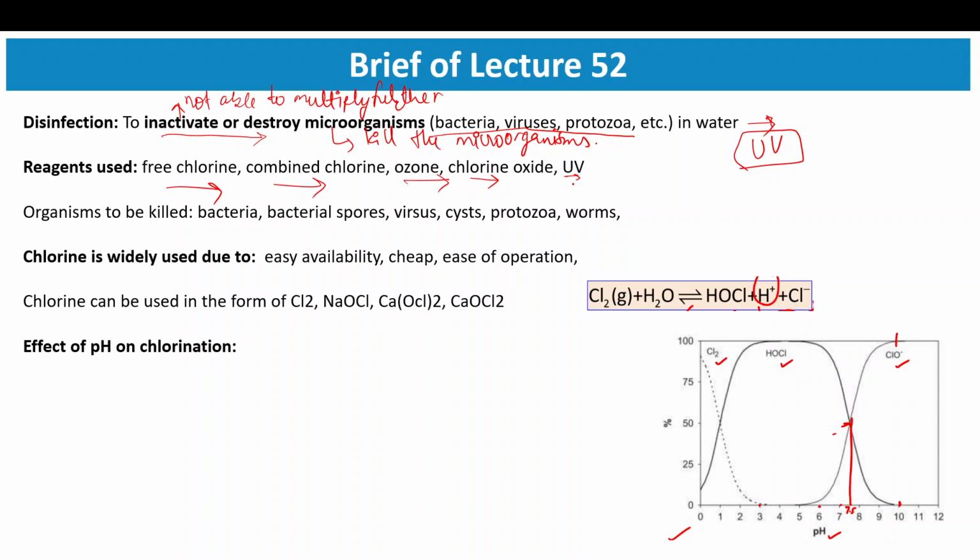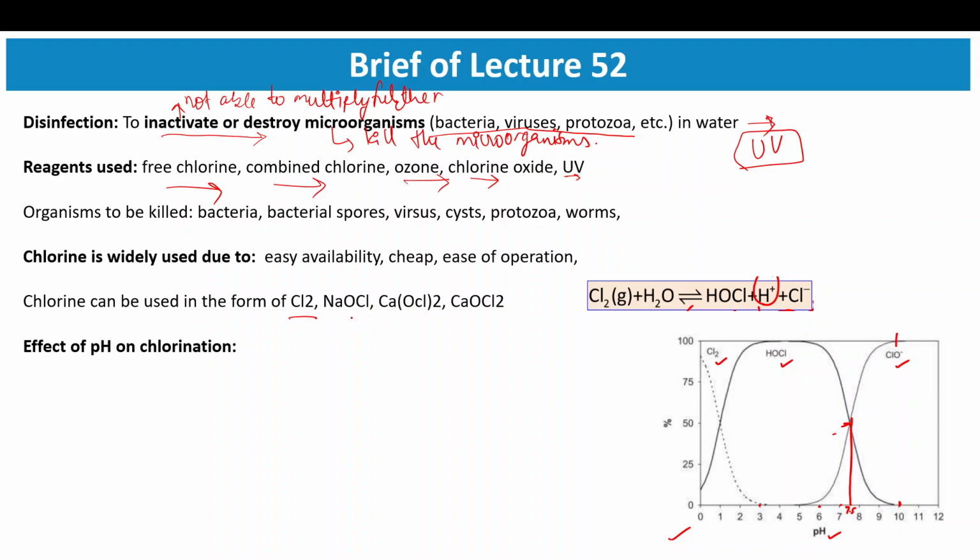So nowadays, let's start with chlorine. As you would have heard, in swimming pools and in the water that comes from the municipality, chlorine is the most widely used method for disinfection because of its easy availability, ease of operation, and also low cost, right? It can be used in the form of Cl2, which is chlorine gas.